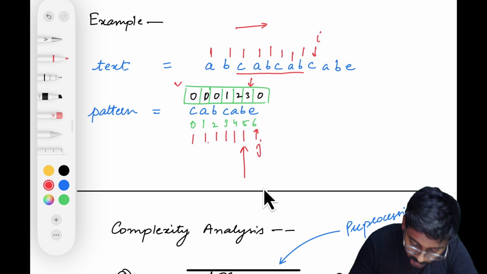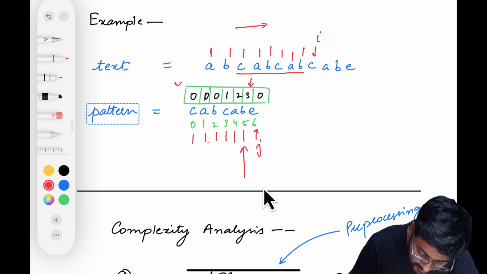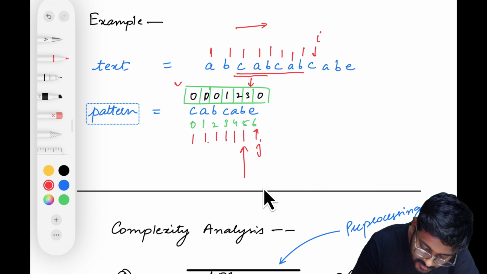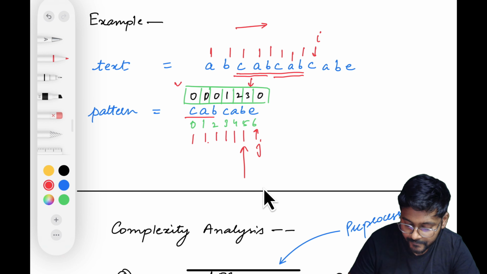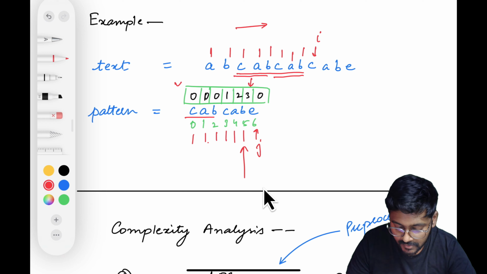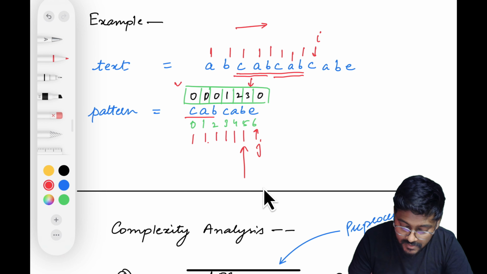It means for this substring, there is a CAB which is equal to CAB. If the CAB is present here, it means that is already matched.